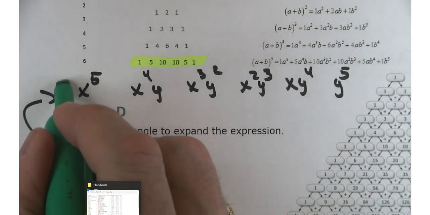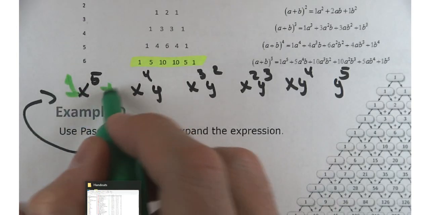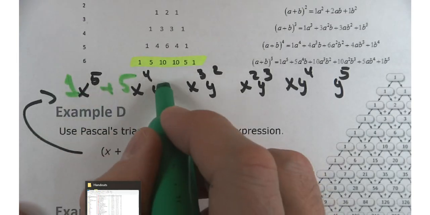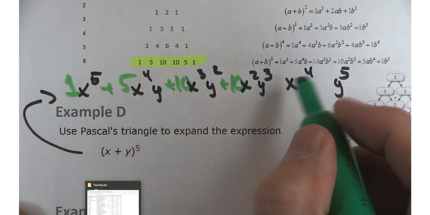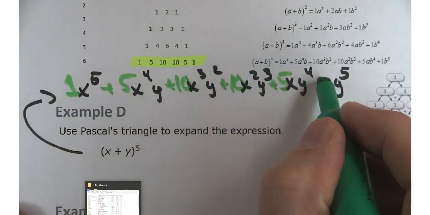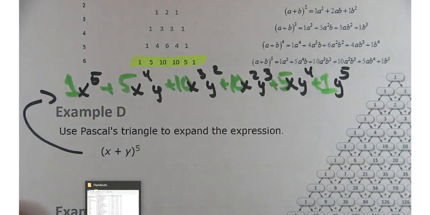It's going to be a 1. You don't necessarily need to write the 1. 5, 10, 10 again, 5, and 1. And there's your final answer. That is a lot less painful than if you had to expand that out by hand. A lot less painful.